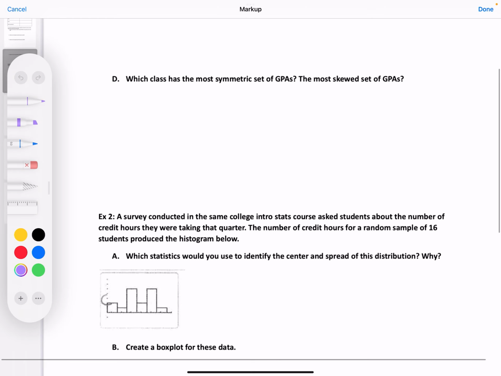All right, so then which class has the most symmetric set of GPAs, and then which one has the most skewed? So symmetric. And it's the one that looks the most symmetric, not necessarily saying it's exactly. Sophomores are skewed. What? Let me see yours.